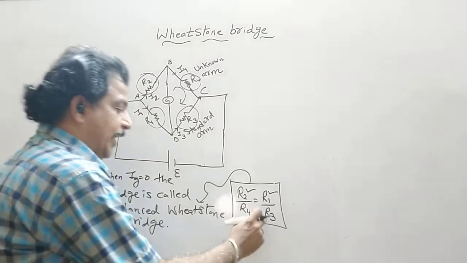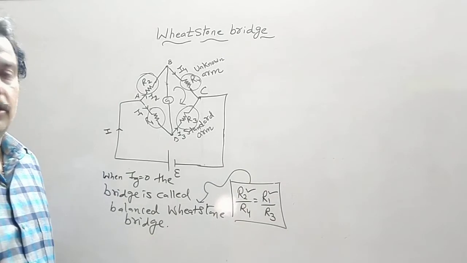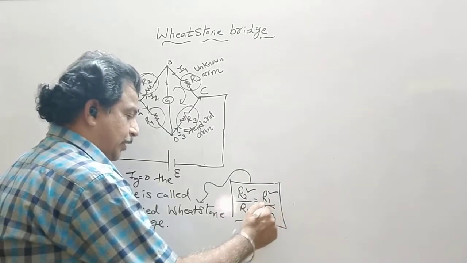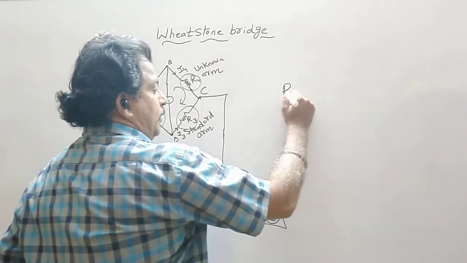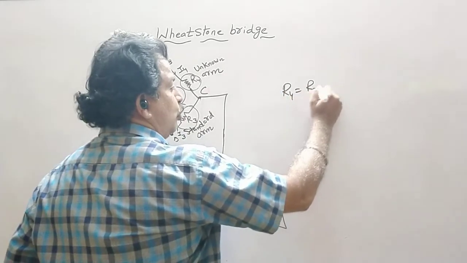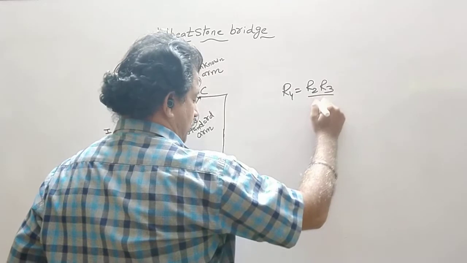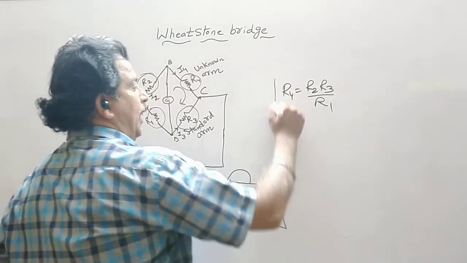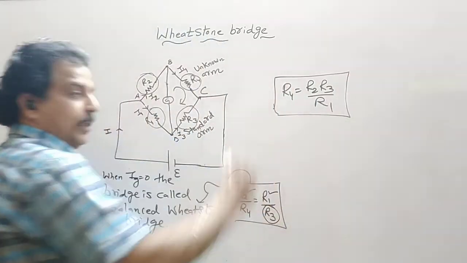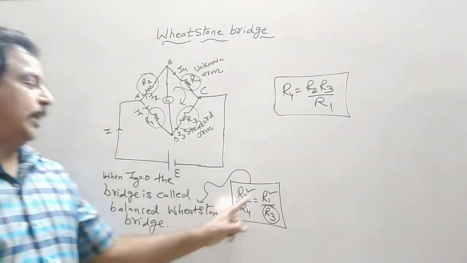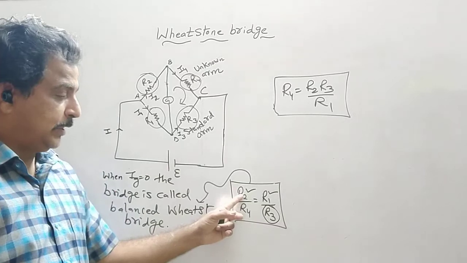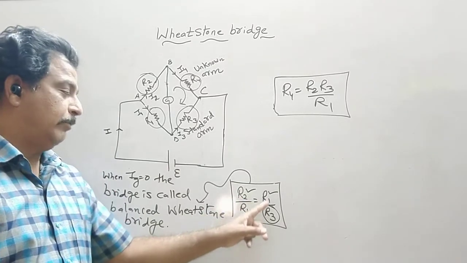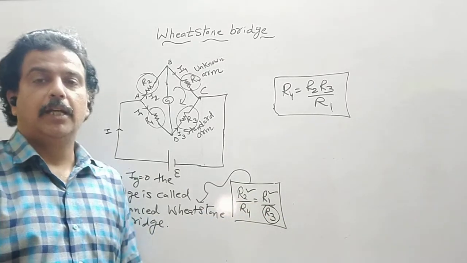So R3 was adjusted, and whatever value is adjusted, that is known to us. So R4 can be written as R2 R3 divided by R1. If R4 is unknown, then R4 is R2 R3 upon R1. If R2 is unknown, then it is R1 upon R3 multiplied by R4.